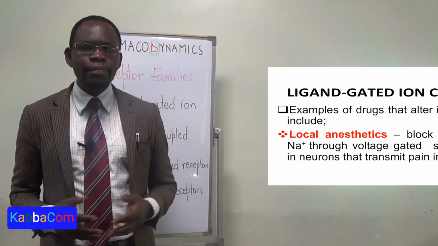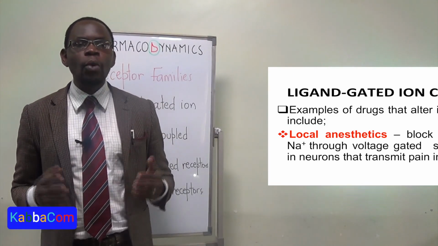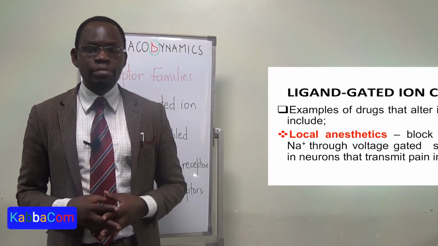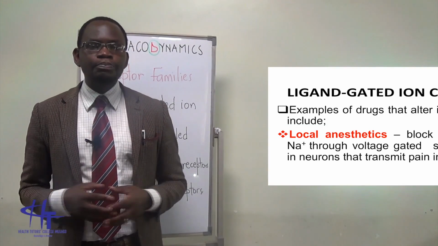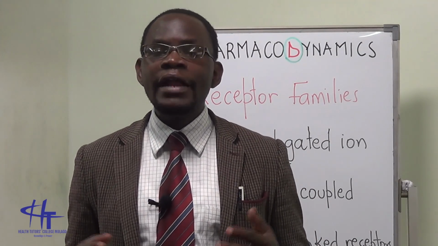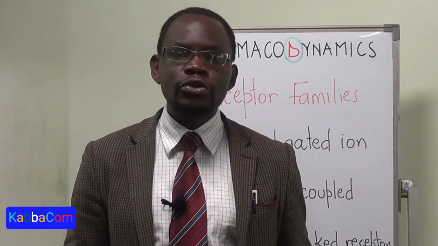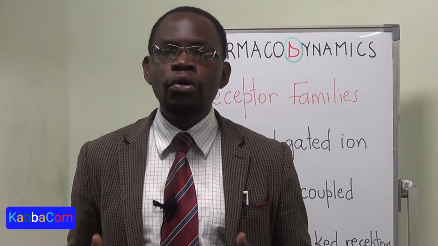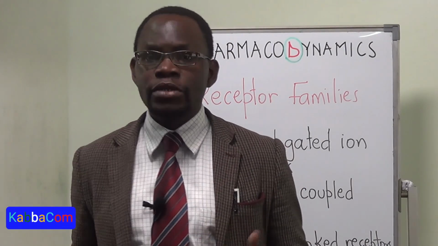So in this lecture we are going to look at what are the different types of receptor families. Now we have basically 4 types of receptor families, and of course we are going to see what they are and what examples of drugs act through these.